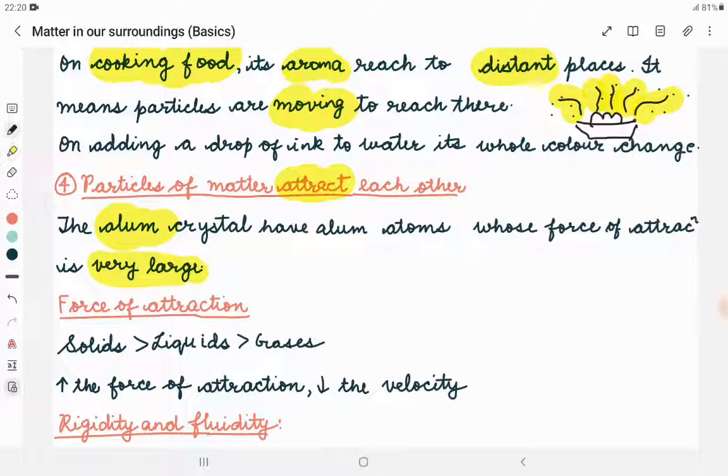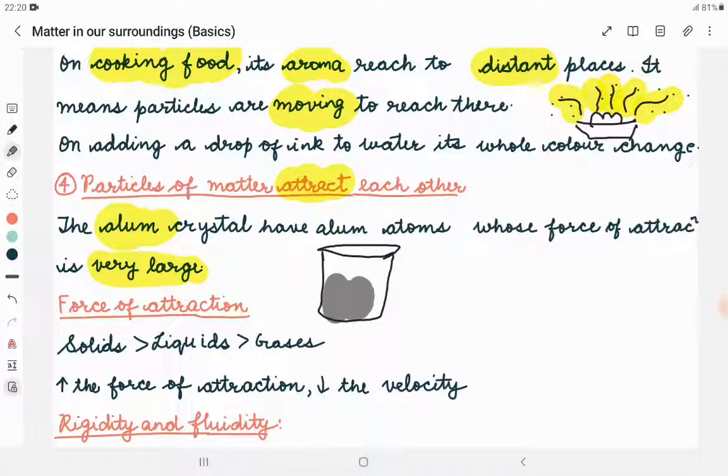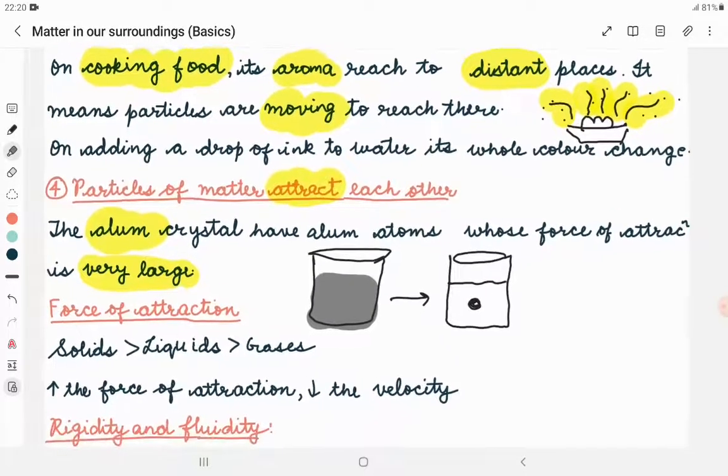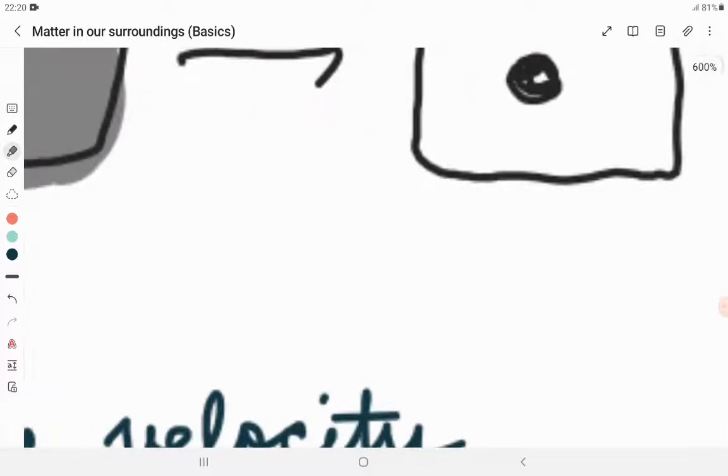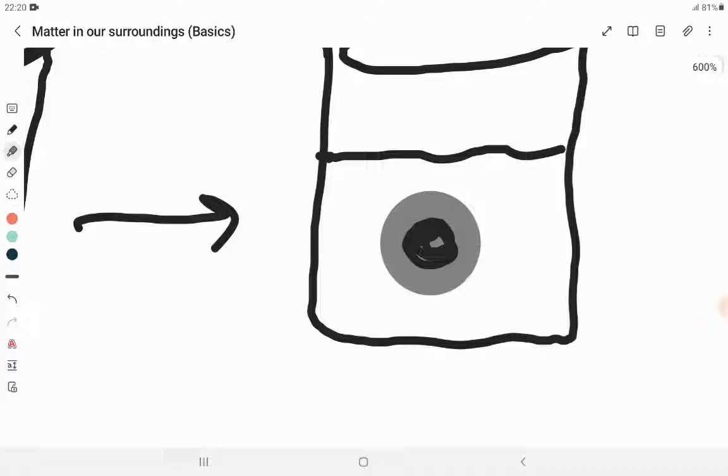Now if we have water, and this water is full of dirt, what happens is that when we add an alum crystal to it, the whole of the dirt accumulates over here only.